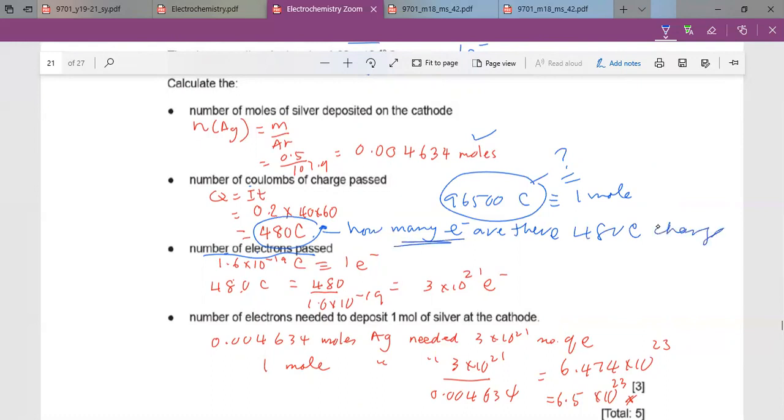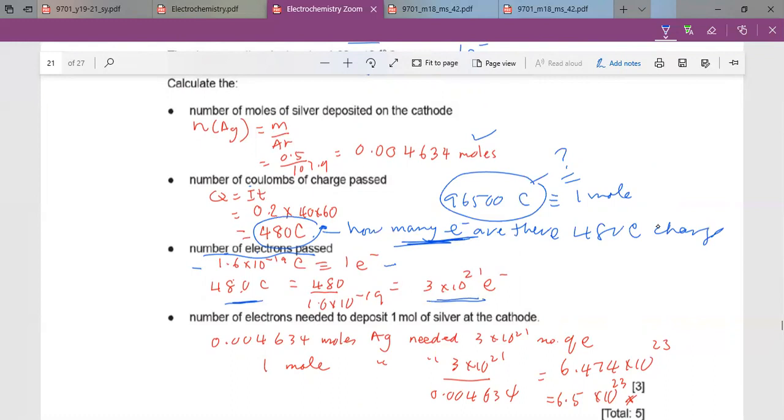I know that a charge of 1.6 times 10 to the minus 19 coulombs is on 1 electron, not 1 mole, 1 electron. So this number of coulombs gives this number of electrons.